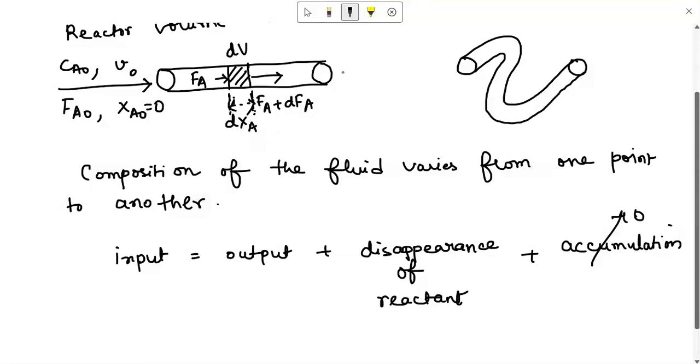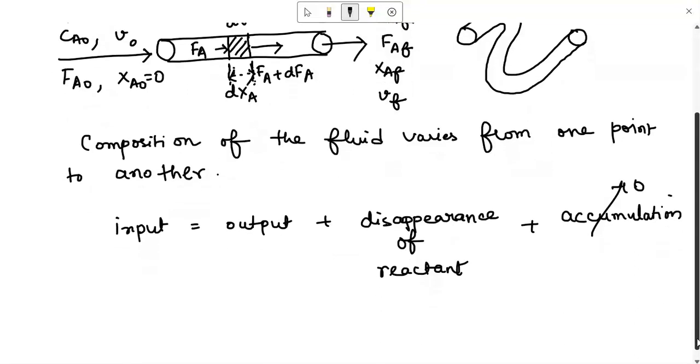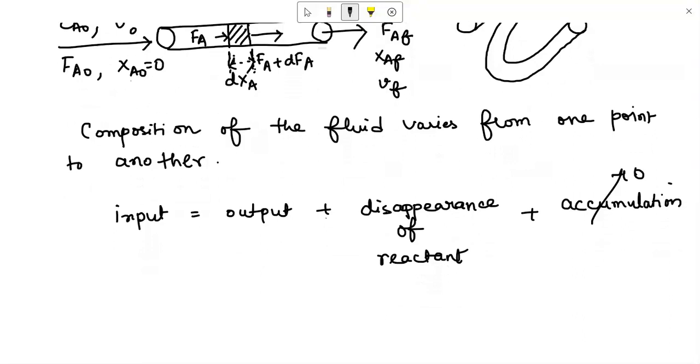At the output point we will have CAf as the final concentration, FAf as the final molar rate, XAf as the final conversion, and small vf as the final volumetric rate. Now we are ready to derive the equation.